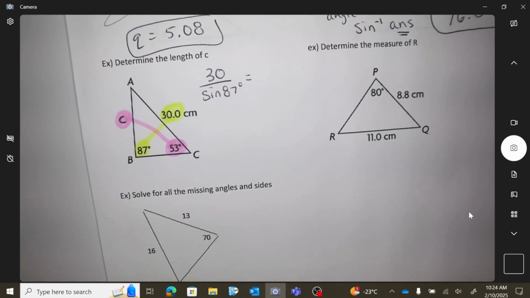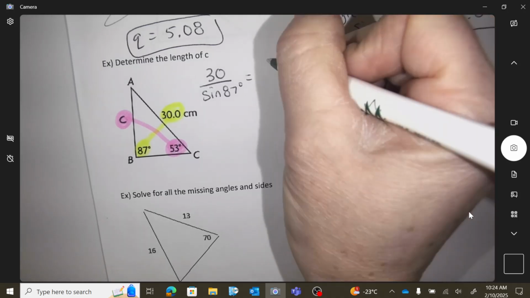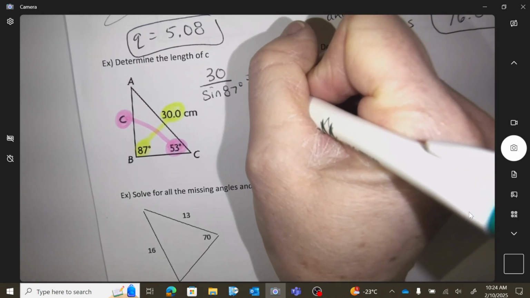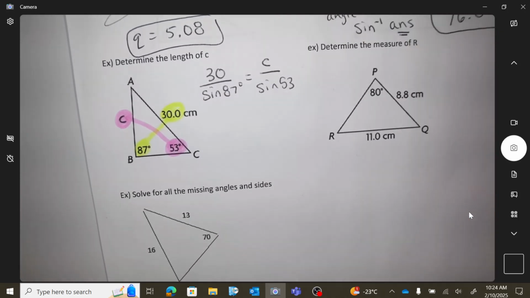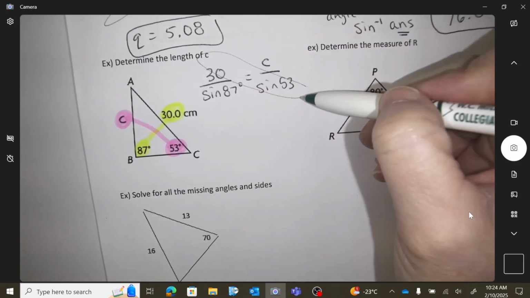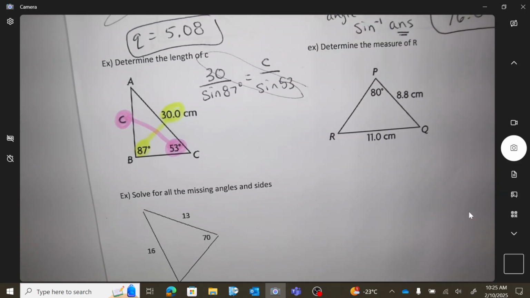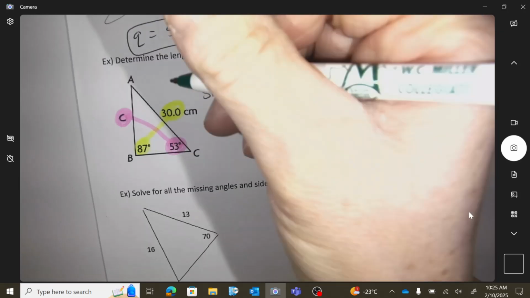Now you have to do another ratio. What does the other ratio look like as a pair? C over sine 53. The fractions have to make pairs and pairs. Now we cross multiply. What am I multiplying? A diagonal, whatever connects diagonally.